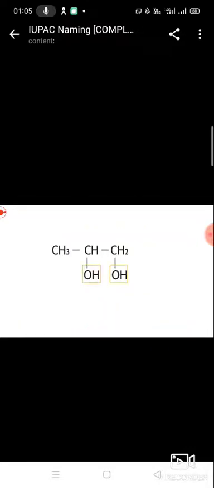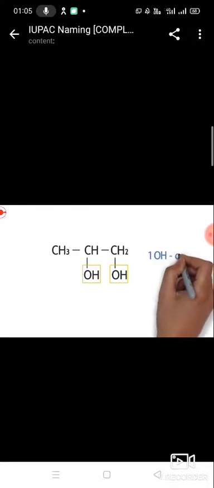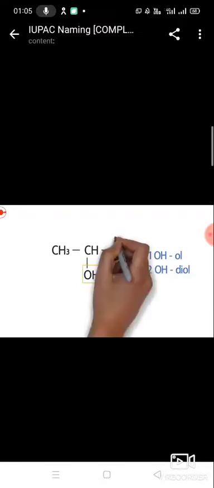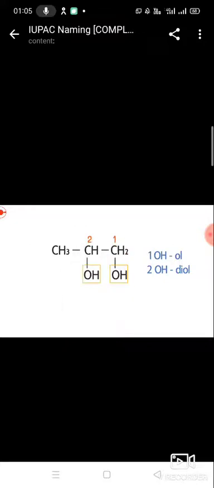So here 2 functional groups are there. 2 OH groups are present. So if 1 OH means ol, 2 OH means diol. The diol is present in a 3 carbon atom chain.